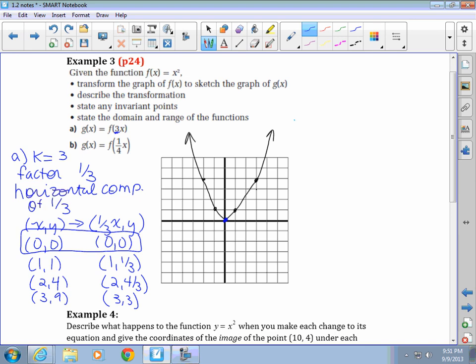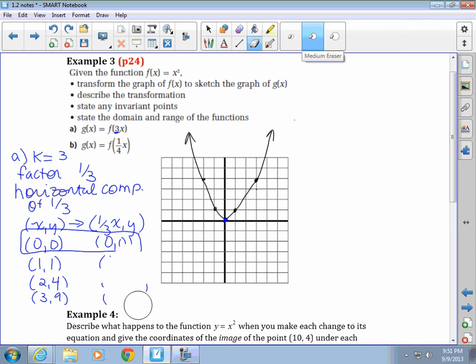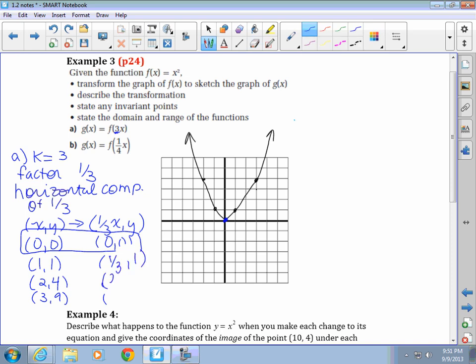So we're going 0, 0, oh, and I did the y coordinate when I wrote those down, that's why they're looking goofy. So this would be 1/3, 1, 2/3, and 4, and then 1 and 9, which we won't be able to draw on here.